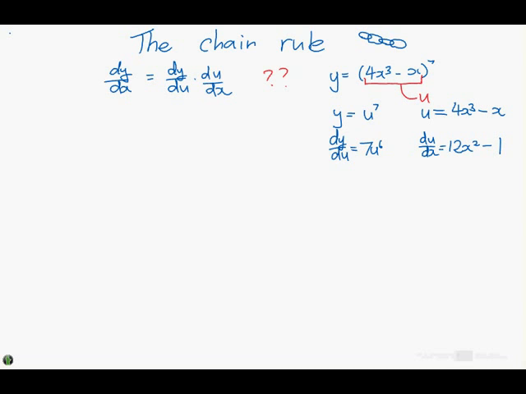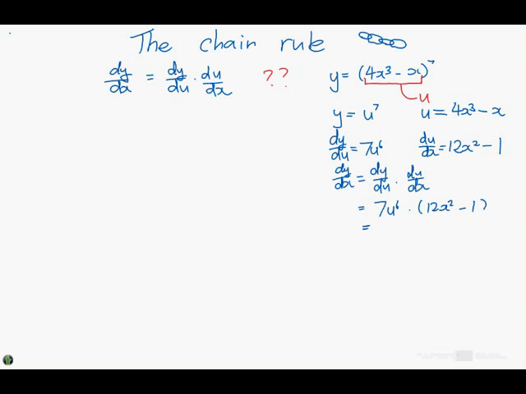It says that dy dx is equal to dy du du dx, right? So let's just throw those in. Dy du is 7 times u to the power of 6 times du dx. Du dx is 12x squared minus 1.